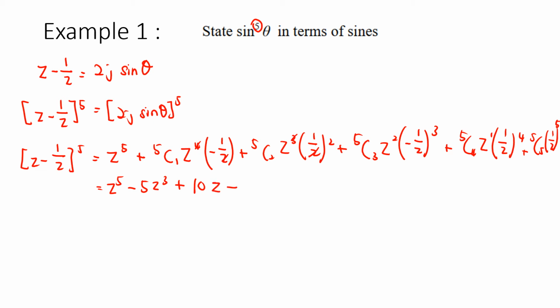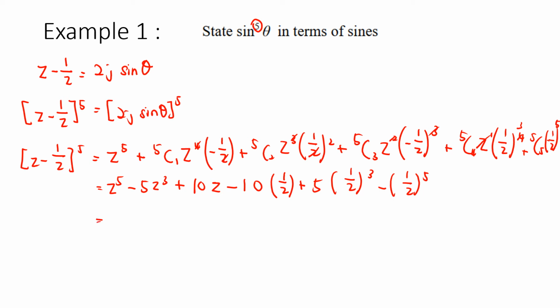Minus 5C3 equal to 10, here you get 1 over z, plus 5 times 1 over z cubed, minus 1 over z power of 5.